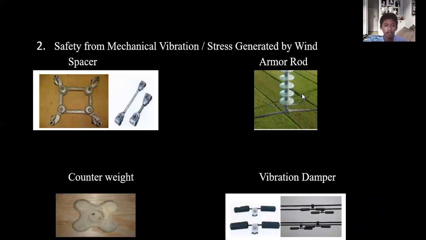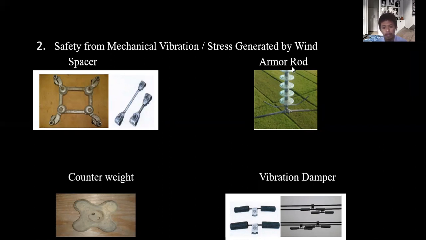The safety from mechanical vibration or stress generated by wind. Number one, this component serves as a separator, simultaneously as a silencer of vibration in the conductor, and also keeps the conductor of one phase bundle apart. Number two, armor rod.